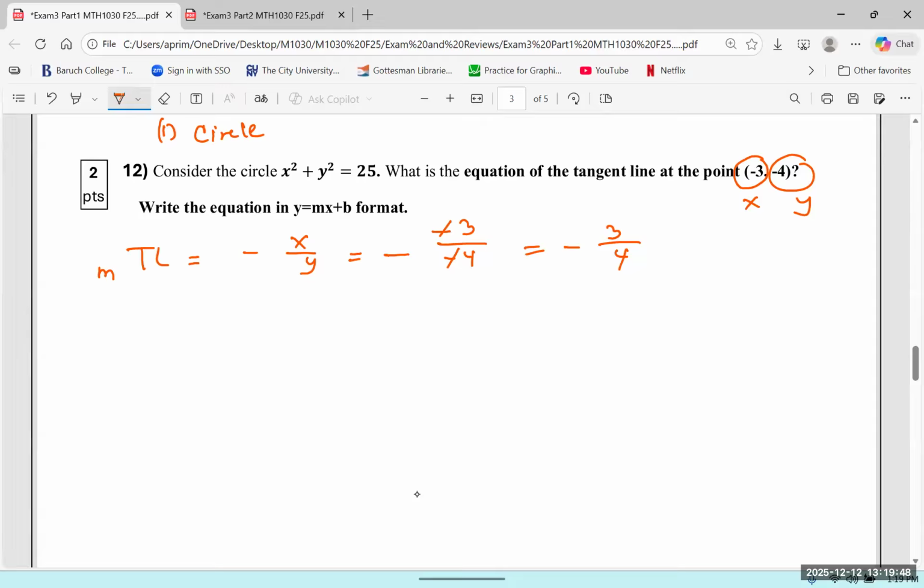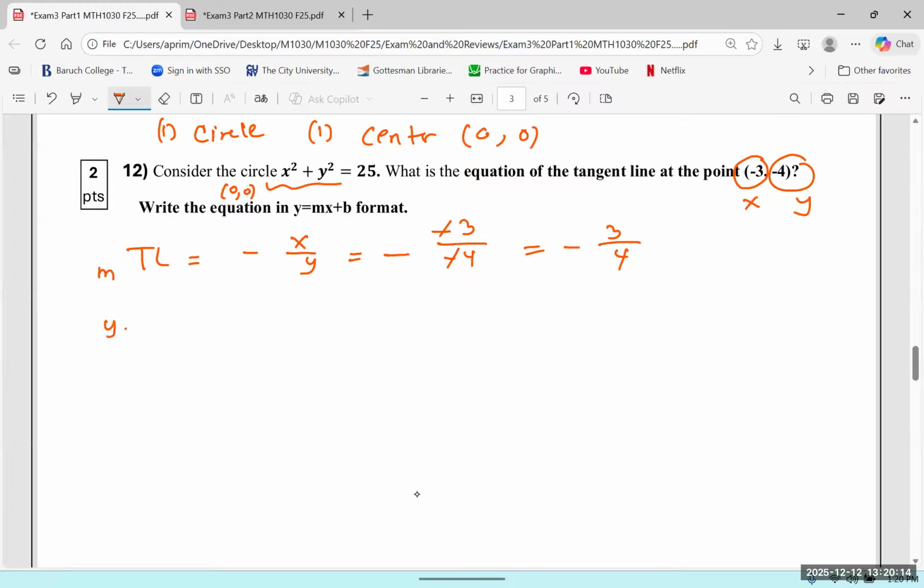It's only for a circle. And another condition is that your circle has to have the center at 0, 0. For example, this one has center 0, 0. So only when your center is at 0, 0, and you have a circle, then this information is true. Otherwise, don't try to use it outside of the classroom.